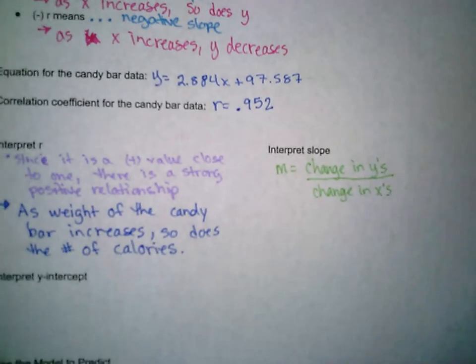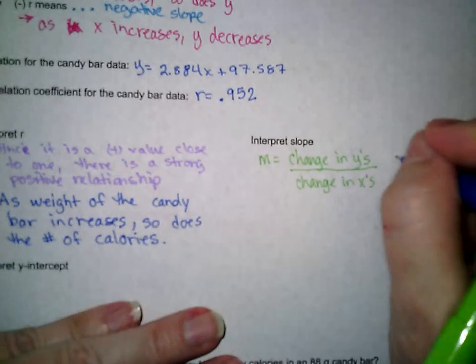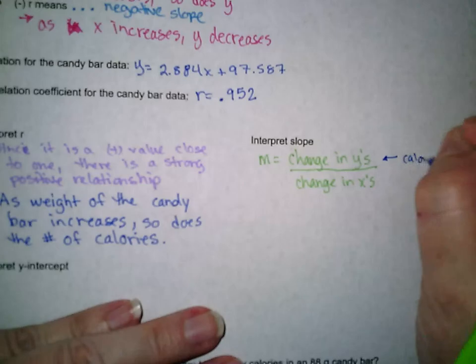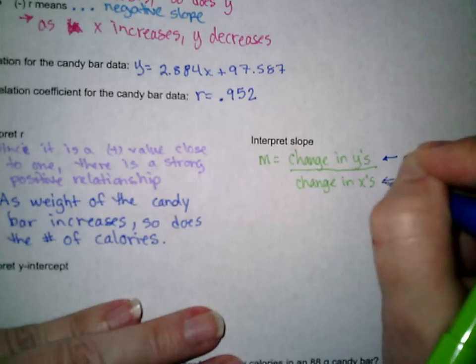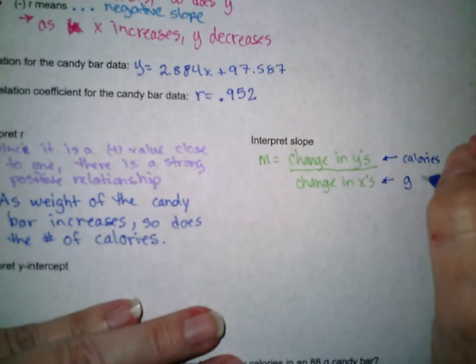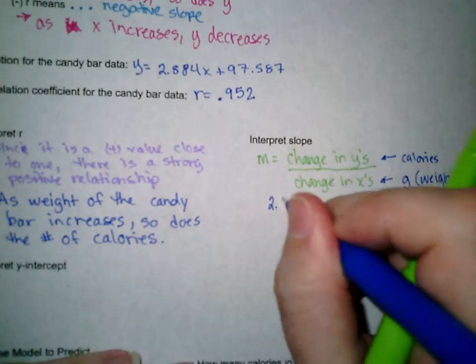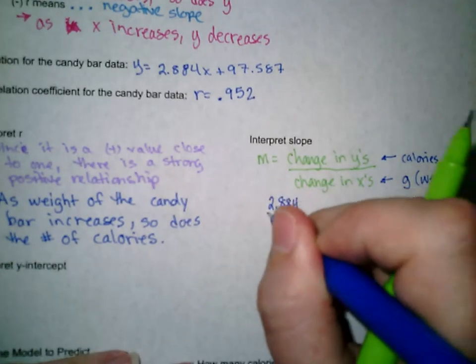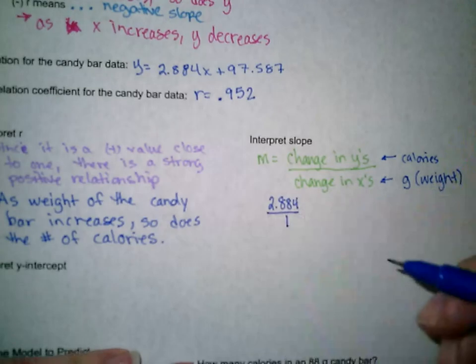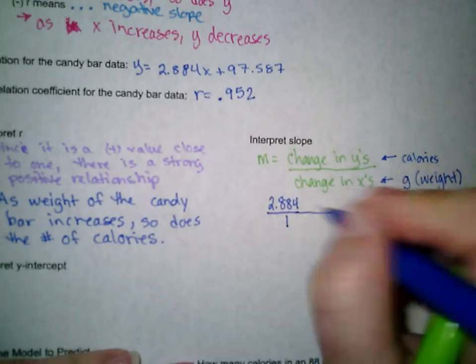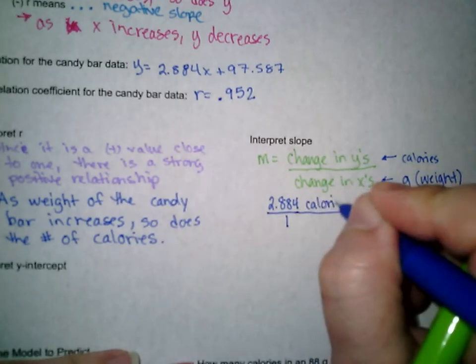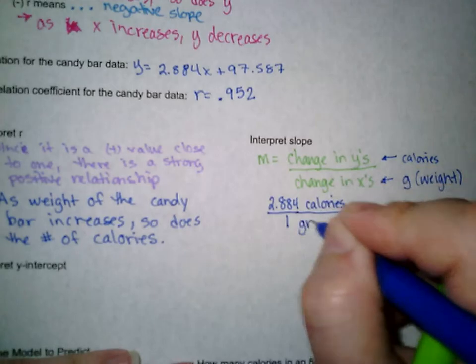So in our problem, the y's were calories and the x's were grams, or weight of the candy bar. So calories and grams. So with our slope of 2.884 over 1, that would be 2.884 calories in 1 gram.